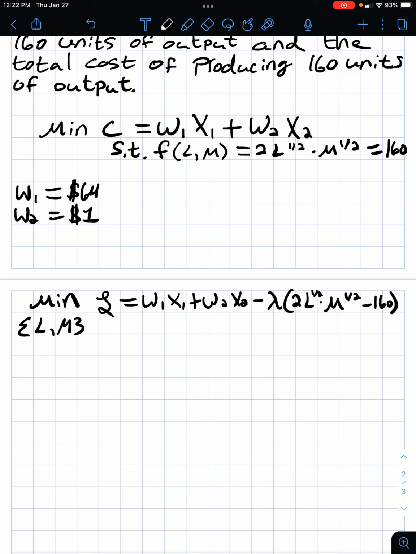Now we've got the Lagrangian method set up for this problem.